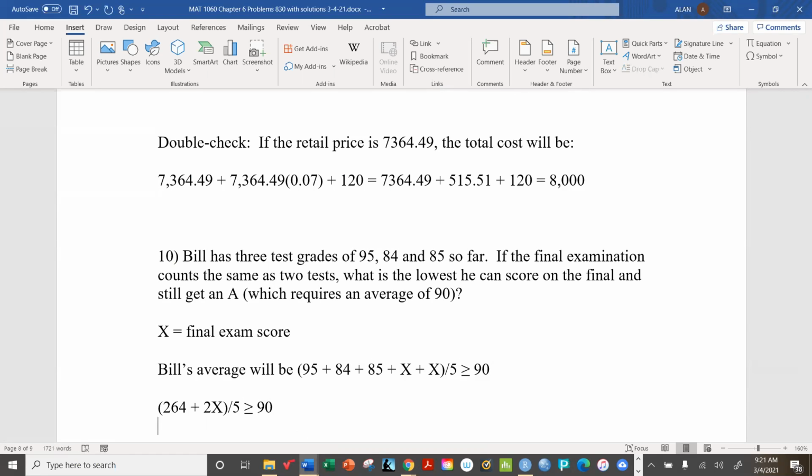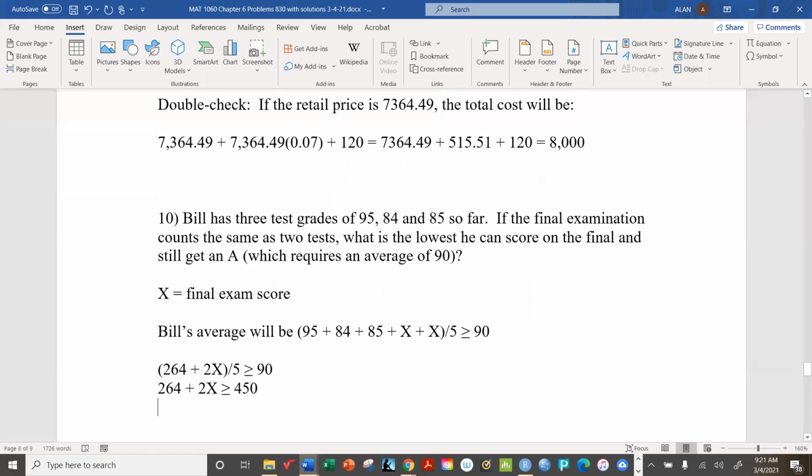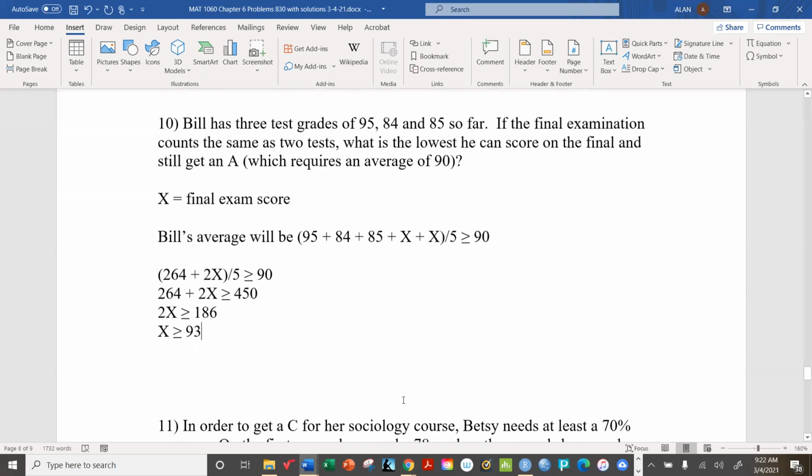So now multiply both sides by 5. 450. So I subtract the 264 from both sides. 186. And therefore, X must be at least 93 for him to get his A.